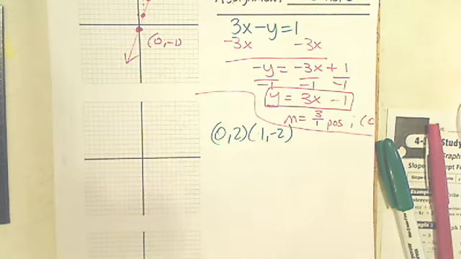Refer to your form chart. After you find the slope, graph it. And put 4 points on there and graph the line.